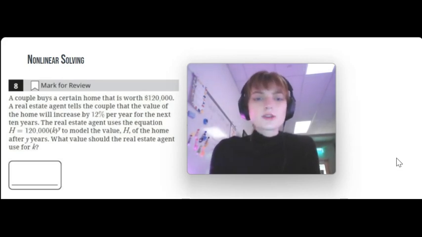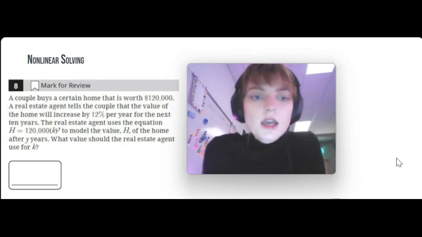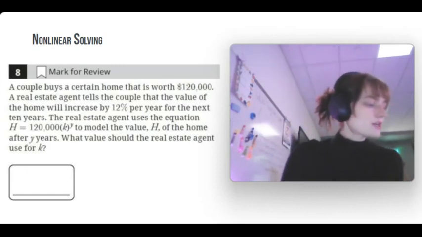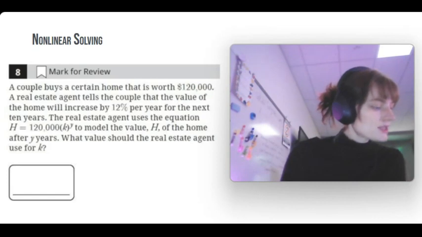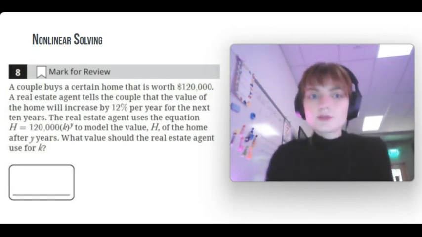What value should the real estate agent use for K? So using the exponential growth or decay formulas, we will determine the value that we would plug into the parentheses.